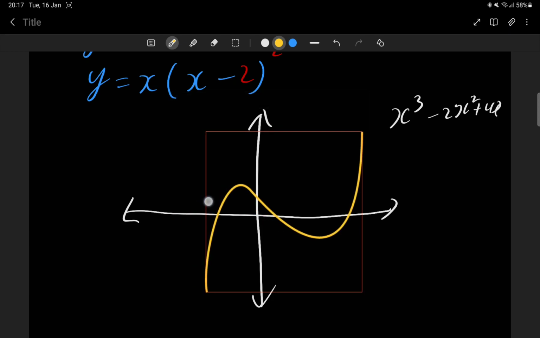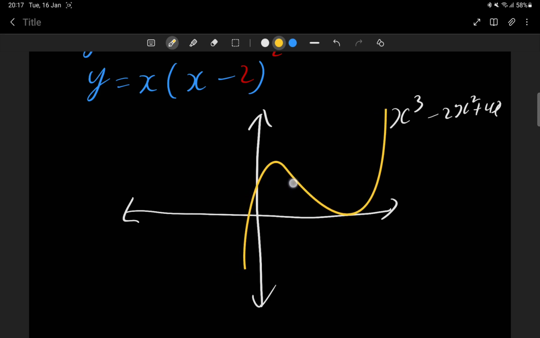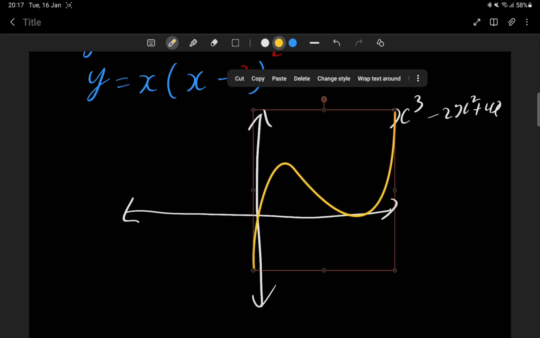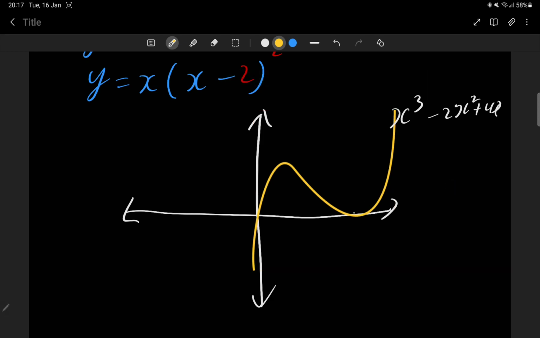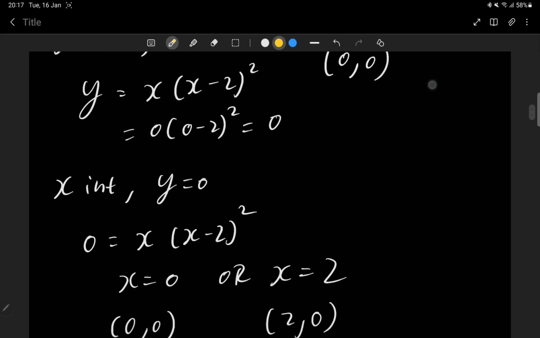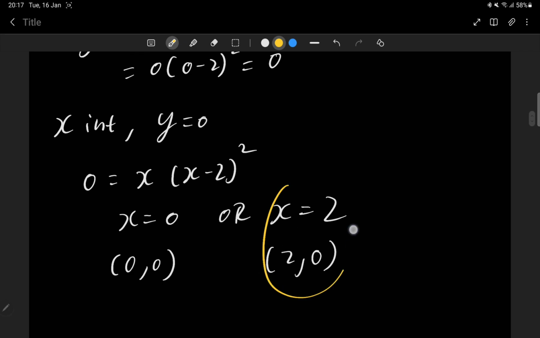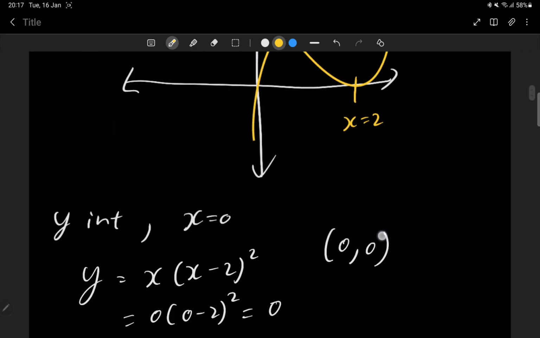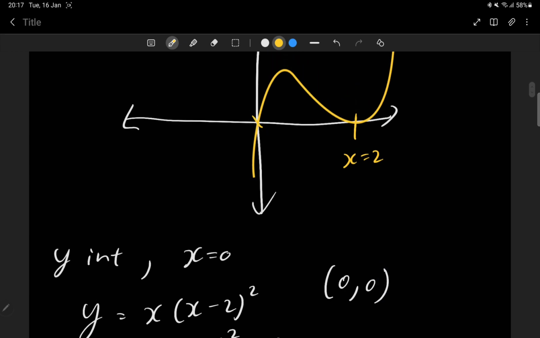Let me readjust this shape of the graph here. Something like so, where the exact dip, the exact point where it curves, will be at x equals 2, and the other intercept happens at (0, 0).